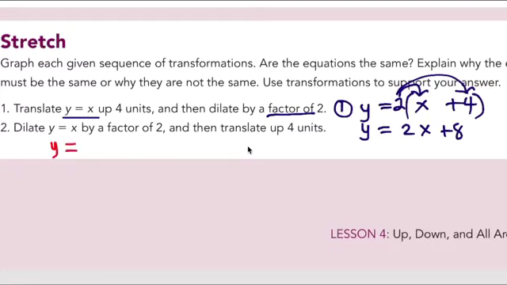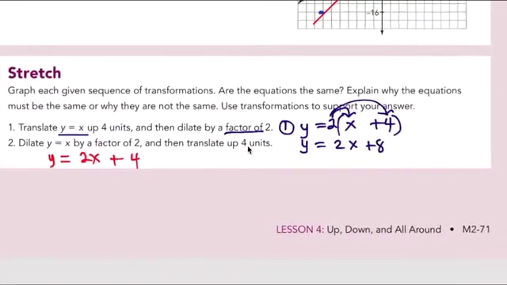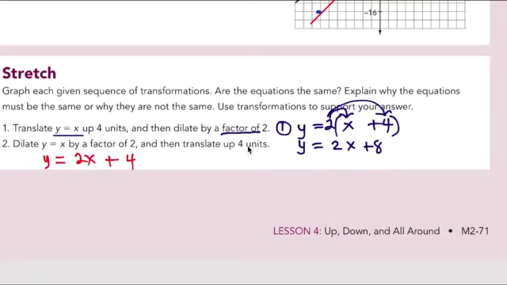So y equals x by a factor of 2, so multiply that by 2. After that, you translated that whole thing up 4, so add 4. Translate up 4 units. Okay, I hope you remember translation and all that from last year. So those are the equations.